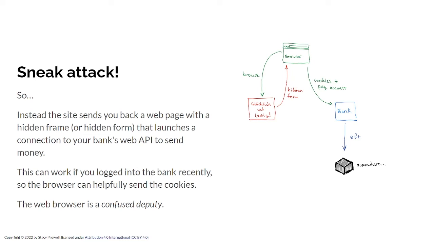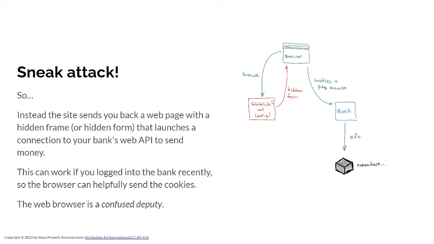Okay? The hidden form that goes back, that hidden form launches a connection to your bank's web API and tells it to send money. And because your browser has cookies for your open connection to the bank, assuming you've logged into your bank recently, it transfers those cookies with the request, and the bank sends the money.